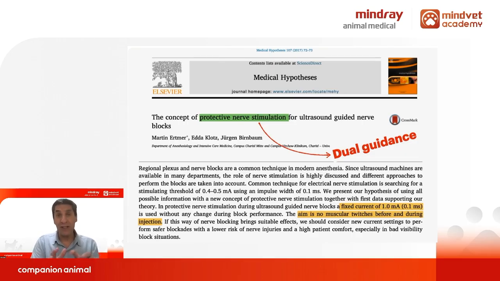And to certify the absence, because many times the needle should pass through tissues where there are motor nerve fibers that I don't want to pierce or to break. So the combination of ultrasound and nerve stimulator can improve not only our efficacy, but also help us to reduce potential complications.